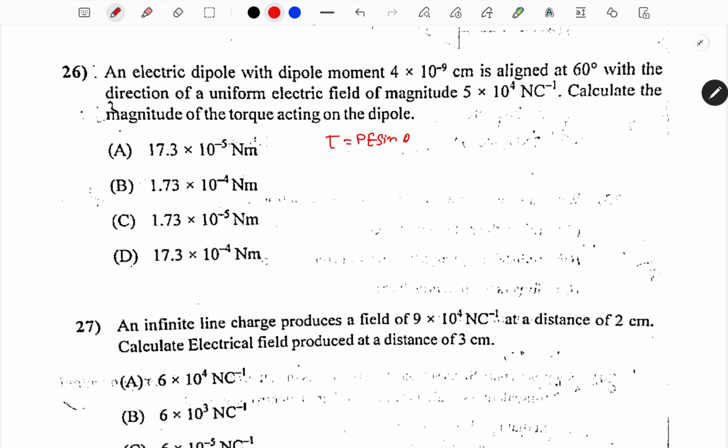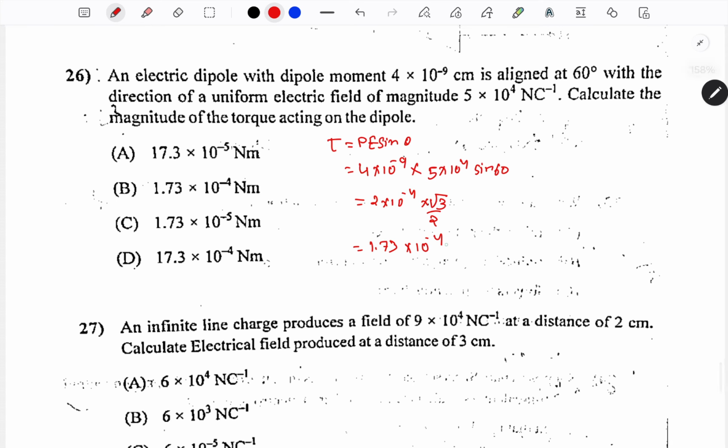P is given 4 into 10 to the power minus 9, electric field 5 into 10 to the power 4, and sin 60. So 2 into 10 to the power minus 4 multiplied by root 3 by 2, so the answer will be 1.73 into 10 to the power minus 4 Newton meter.